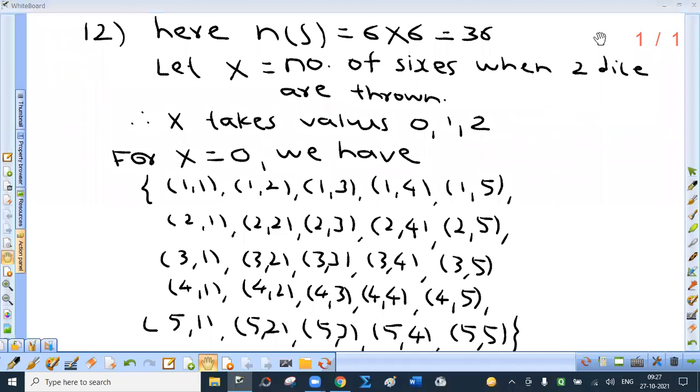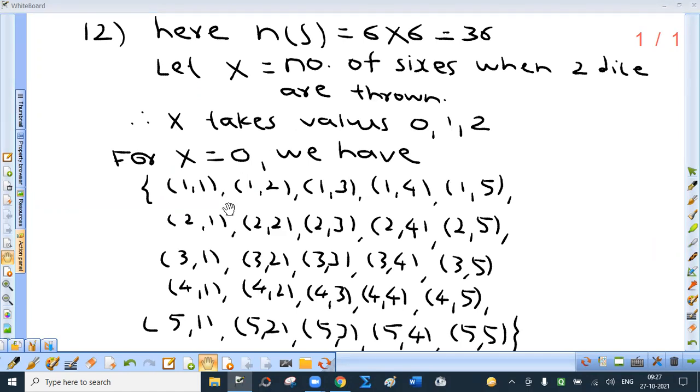Sum number 12. 2 dice are thrown simultaneously. If X denotes the number of sixes, find the expectation of X. Now when 2 dice are thrown, there are how many? 6 into 6, that is 36 sample points in the sample space. Let capital X denote number of sixes when 2 dice are thrown. So as 2 dice are thrown, there are 3 possible values of X: not a single 6, 1 six, or 2 sixes.